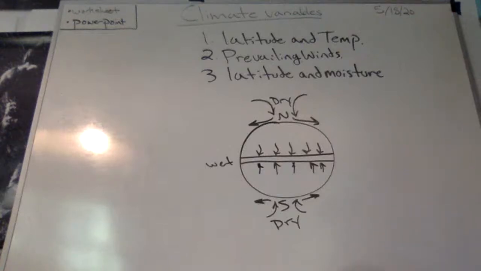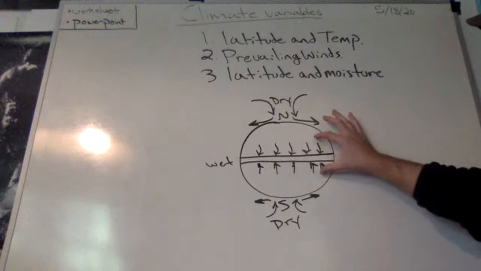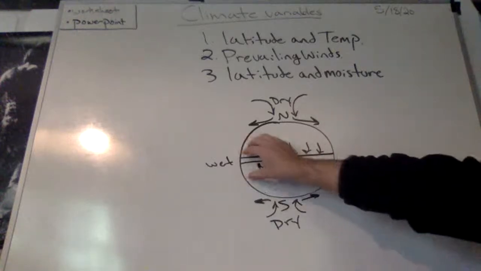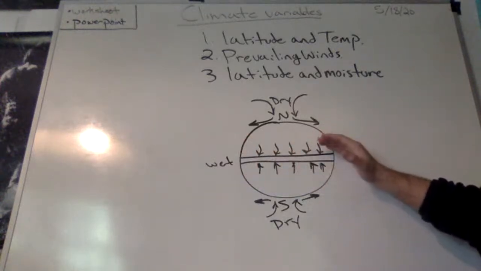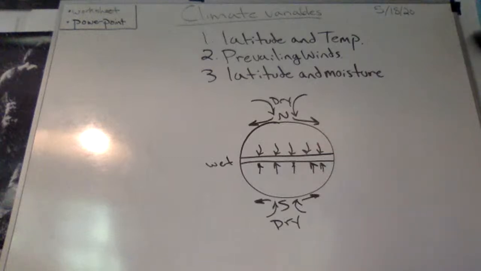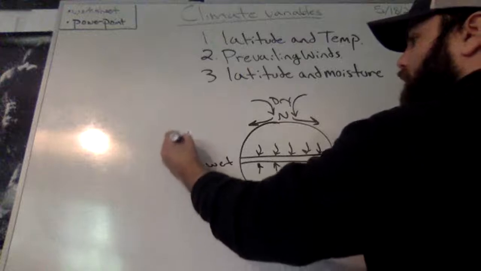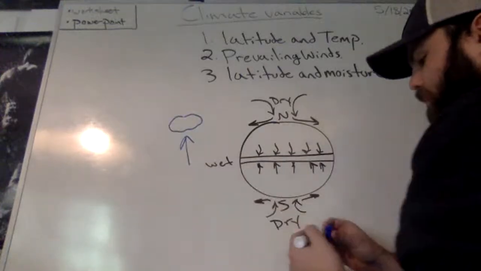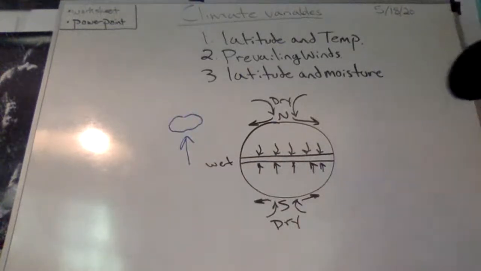Okay, because remember, rainforest, it's constantly raining. All that wind is going in. So it's bringing all that water vapor in. And we know about water vapor, when it starts to rise, it's going to form those clouds. And that's how you get your tropical rainforest.